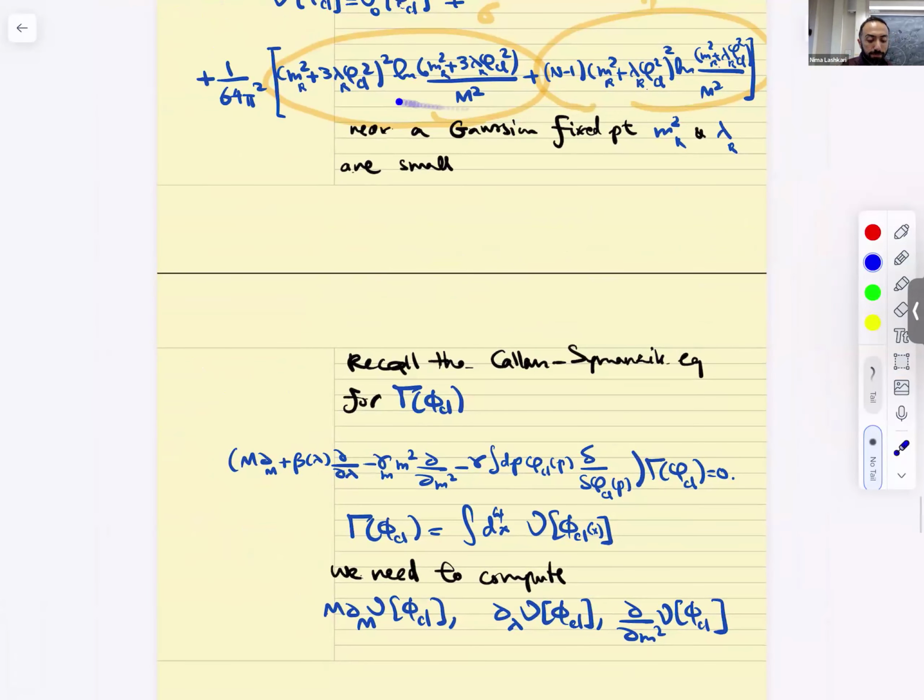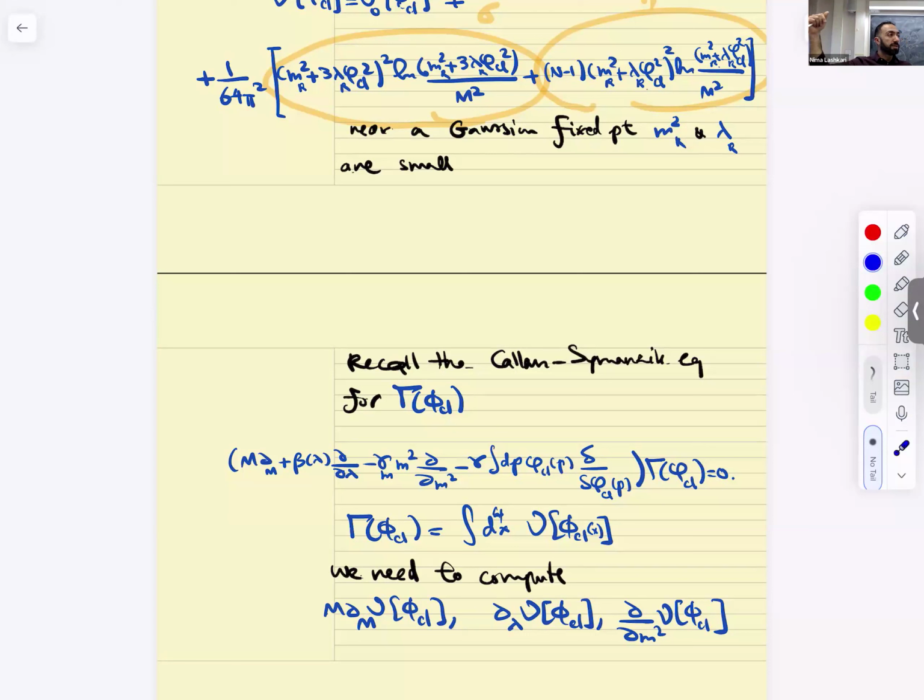Because I have the explicit form of it, I can calculate these derivatives. It becomes an algebraic equation for the beta function and gamma functions. Because on the left-hand side, I can expand it in powers of phi classical, and it's just an algebraic equation order by order in phi classical.